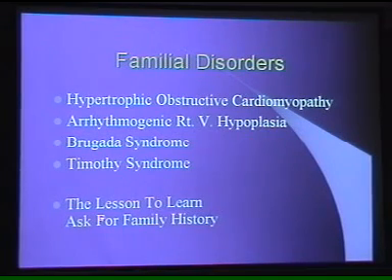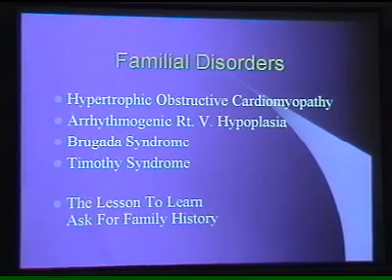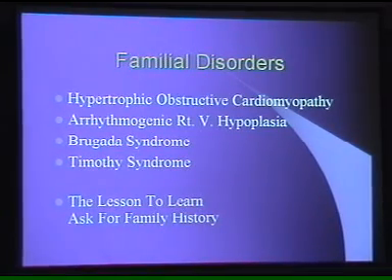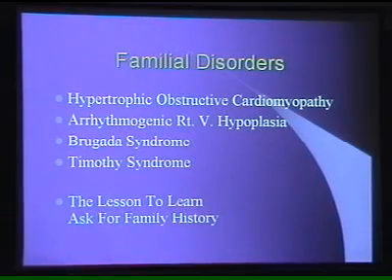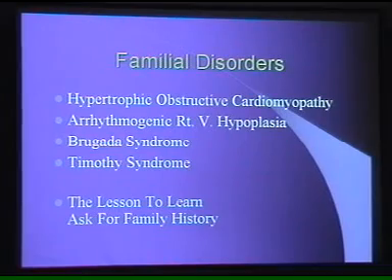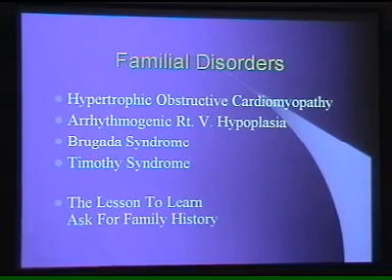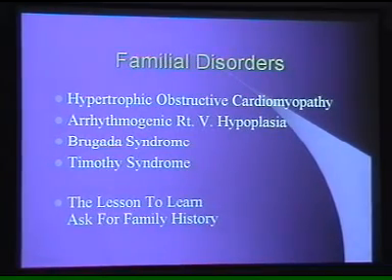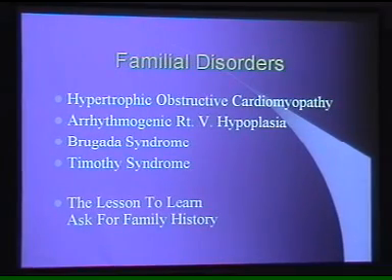Here, the lesson to learn is we must ask for a family history of sudden death in the relatives in the past, particularly at young age. If that is present, those children or those adolescents must be investigated, and if they show the suggestive ECG signs, then it becomes all the more imperative. And I'll give you a few examples of that.